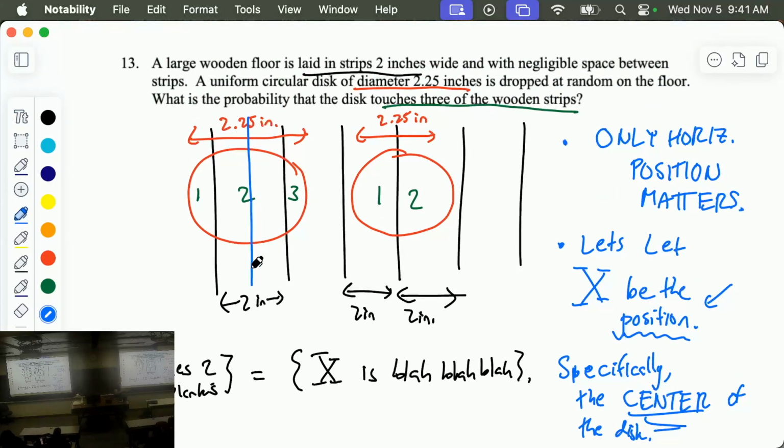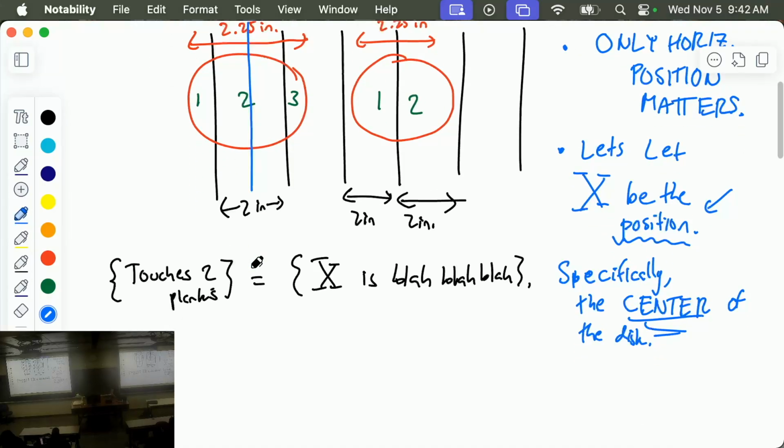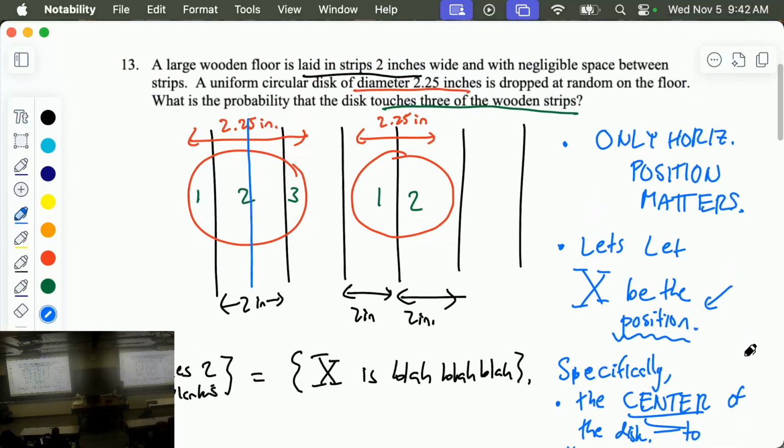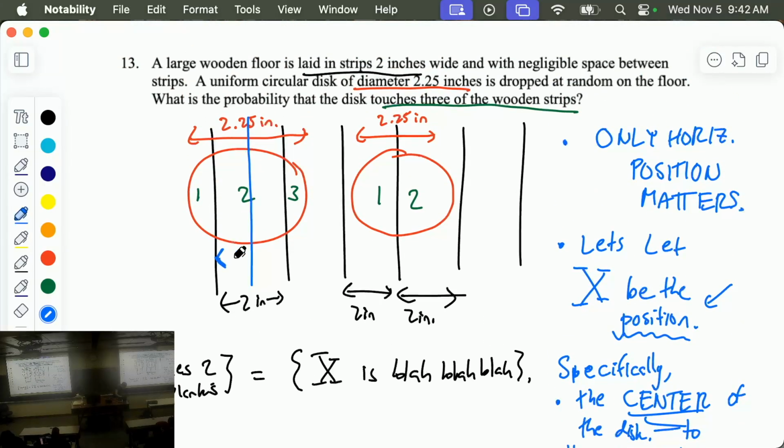So I measure from the center of the disk to where? Yes, this is a lovely idea. Let's write it in. So the distance from the center of the disk to the left side, to the nearest plank. Let's say the nearest line. I think that'll be clear. And so what this means is in the little picture I drew, x is this random variable here. It's this distance in this picture.